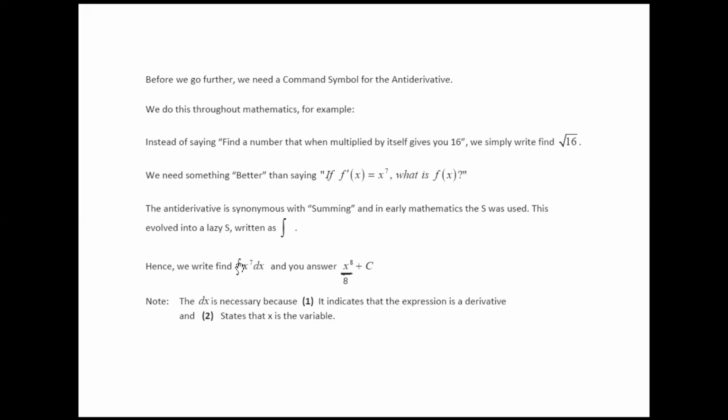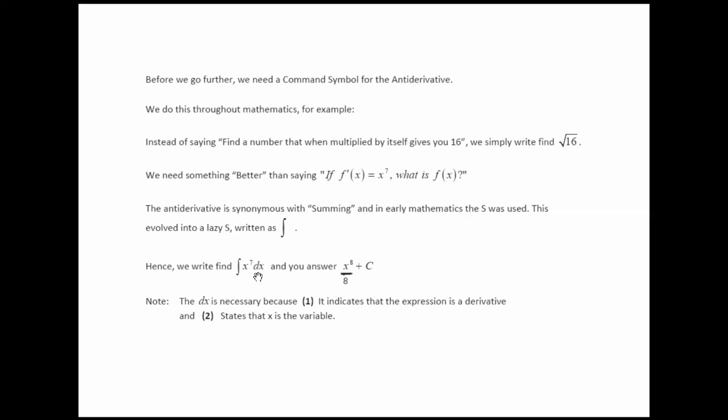Just to have the lazy s with x to the 7th means nothing. The dx indicates that this represents the derivative of something, and we would like the original. In other words, the expression that gave us this x to the 7th. Okay, so we need that dx.